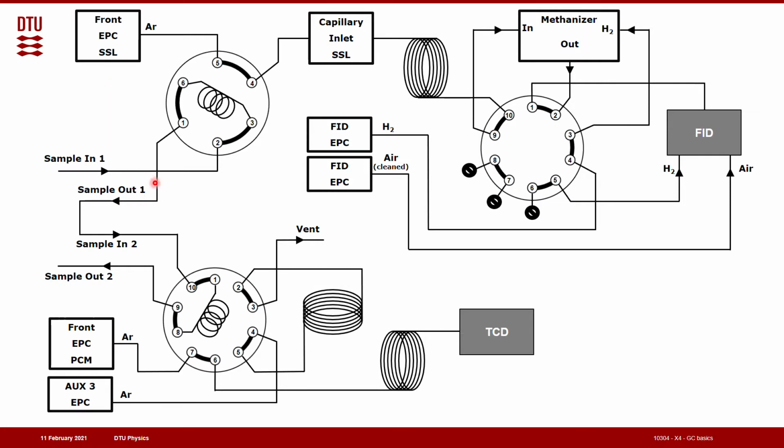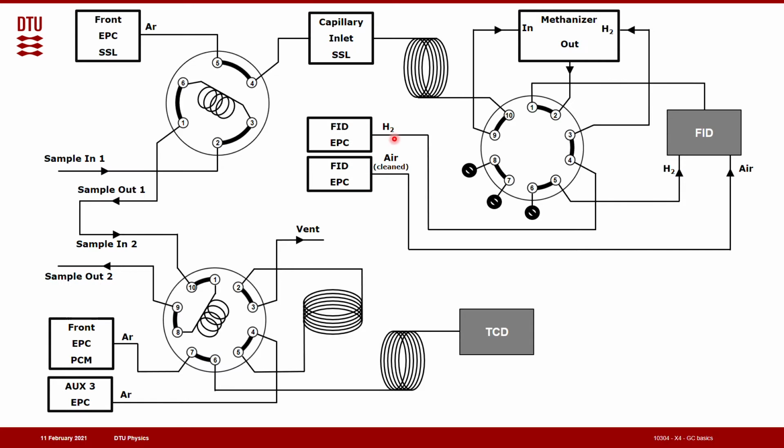What you see here, the small black boxes, is a lot of gas inlets. These are pressure controllers, flow controllers. In this case, they are all supplied by argon, and they are pushing gas through the system.